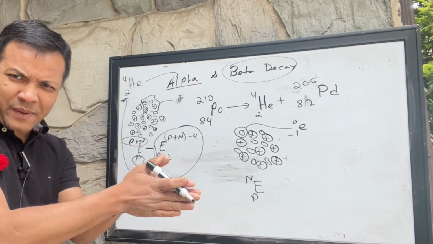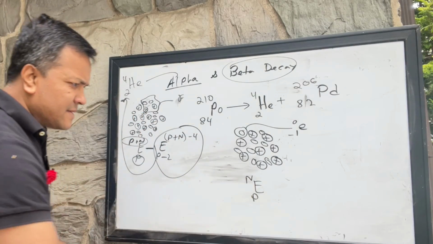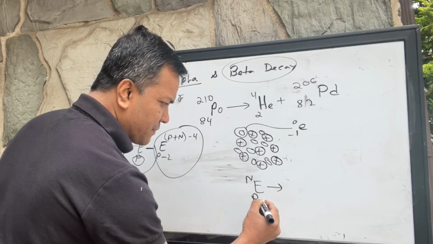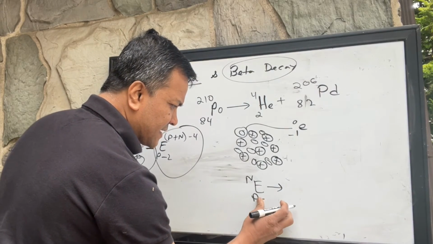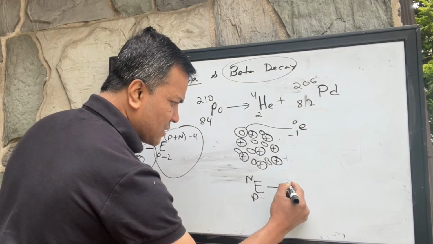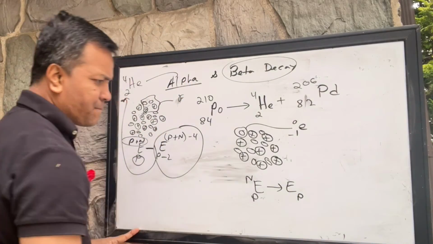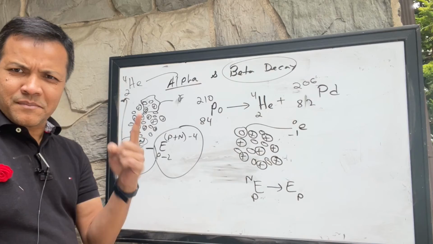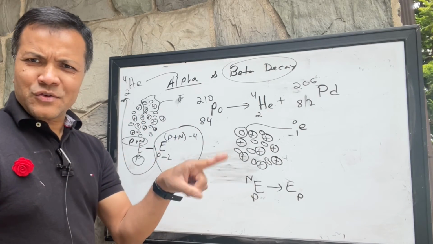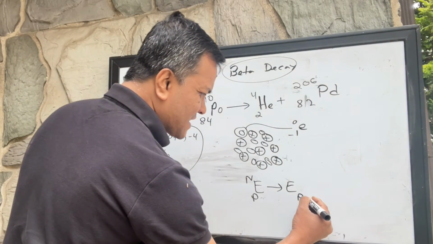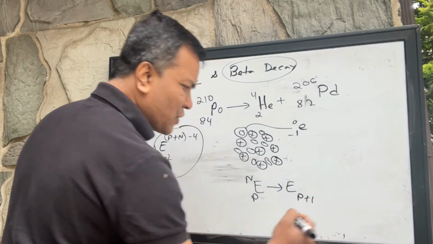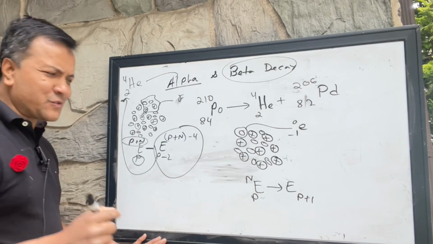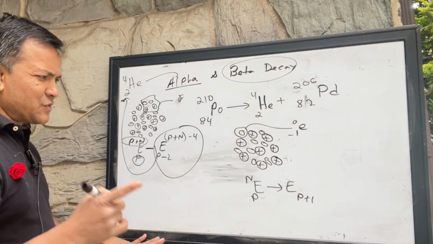So it has a zero mass. Okay, so if that happens, the neutron becomes a proton. So it actually gains one proton by losing a neutron.